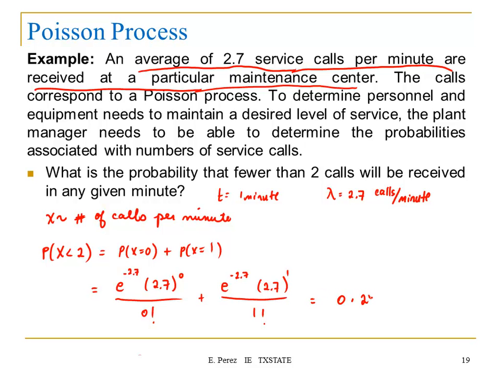And this is equal to 0.249, which is about 25%. So there's a 25% chance that we will receive fewer than 2 calls per minute in this call center.